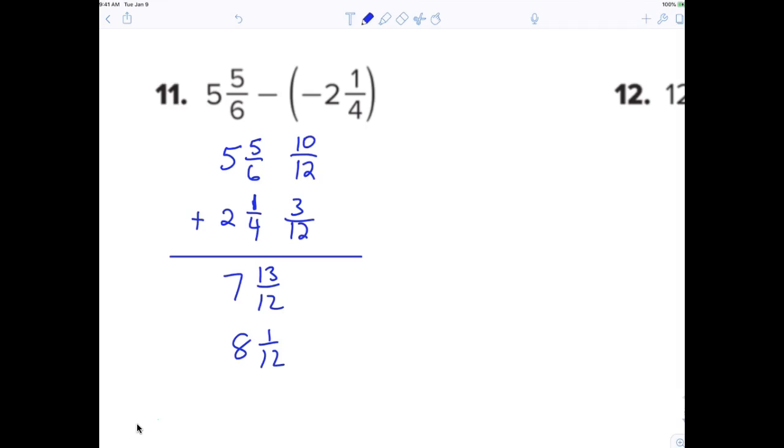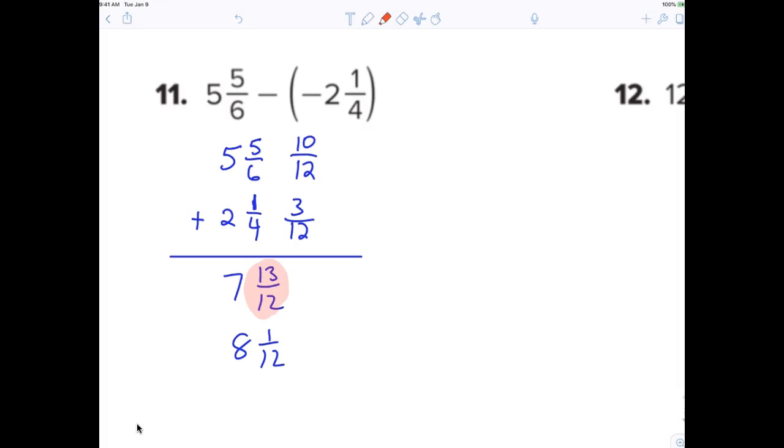William, if the final answer is 24 over 7, you can leave it as 24 over 7. You can't leave it as this answer right here, because you cannot have an improper fraction with a mixed number.